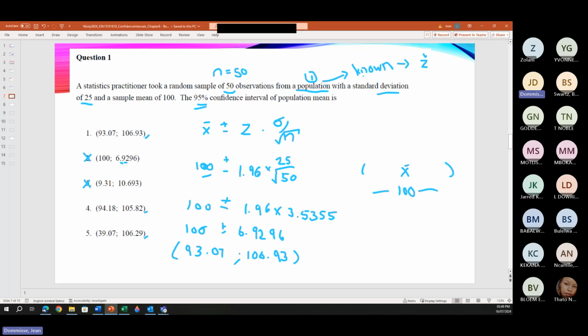Because we know what the standard deviation is, we can work with a Z. Then, because we know we're working with a Z, the 95% confidence interval, we can automatically say that is 1.96. Then we just follow the formula for the rest of the question to work out what the confidence interval will be.